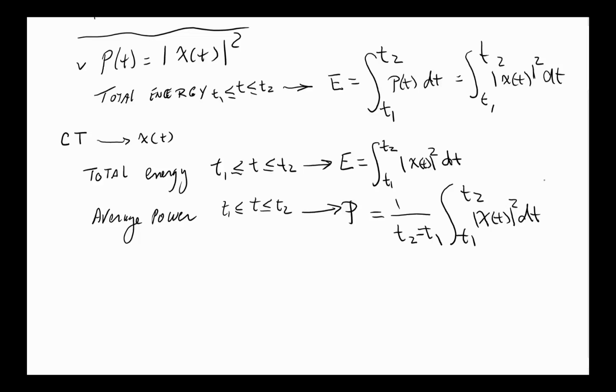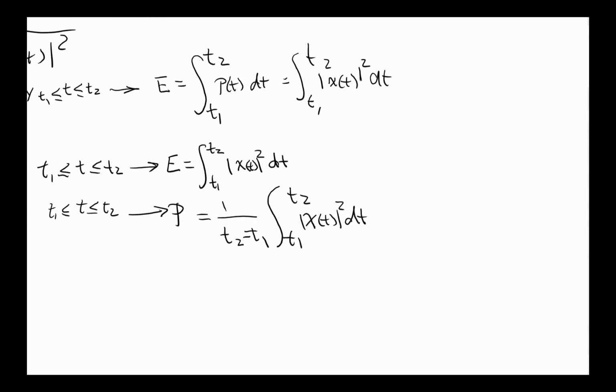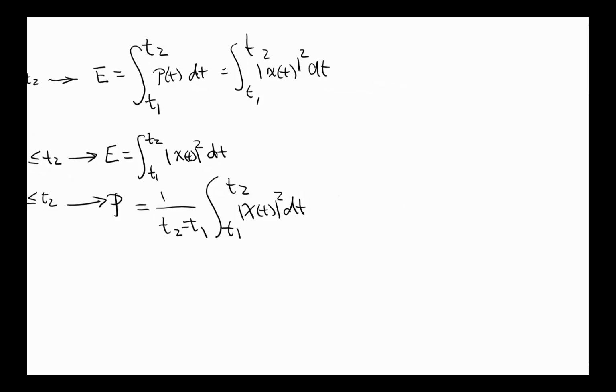Okay, that's great. The one thing we could extend is this: it's fine for a defined interval, but once in a while someone will ask us to go a little further and say, okay, what is the average power from minus infinity to infinity?